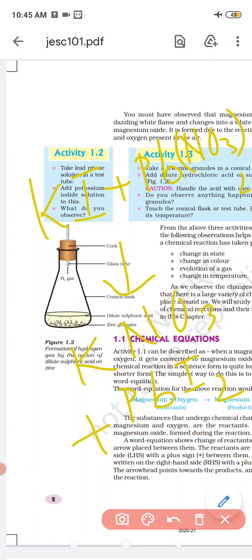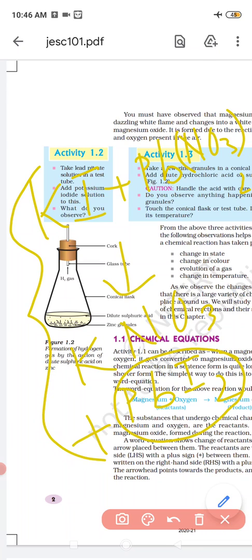Okay. Since potassium nitrate is soluble in water, the yellow colored precipitate that you will get is the precipitate of lead iodide. Okay. So this is also an example of a chemical reaction, activity 1.2.